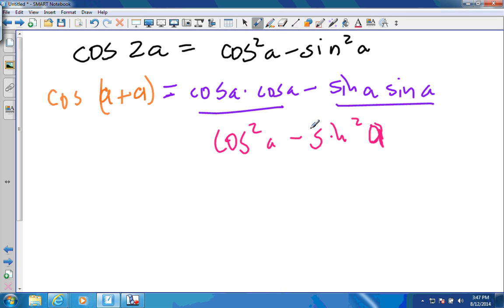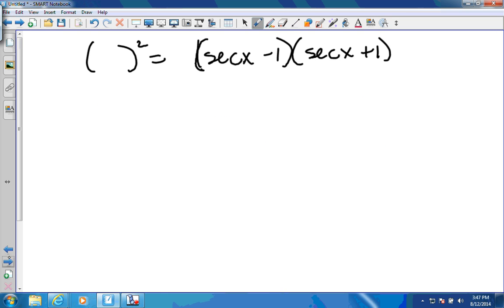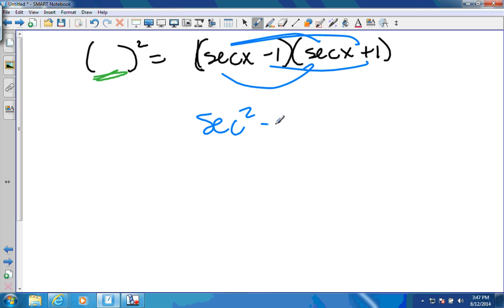All right. Moving on to the next one. Here you were supposed to figure out what had to be put inside the parentheses on the left-hand side. And so you take these two things on the right-hand side and let's distribute them. So secant times secant is secant squared minus 1.